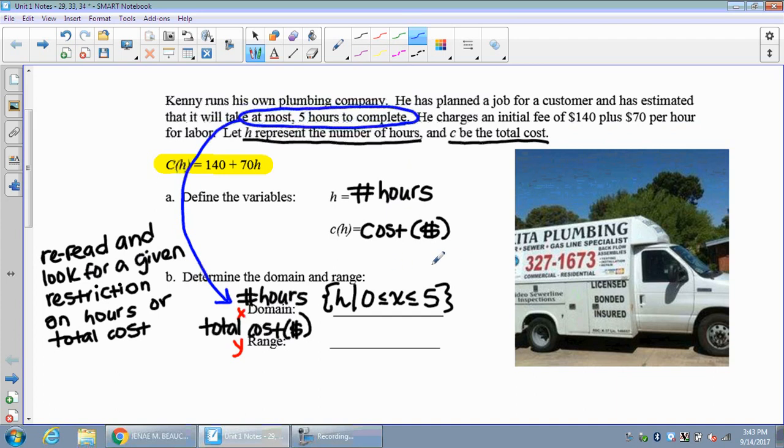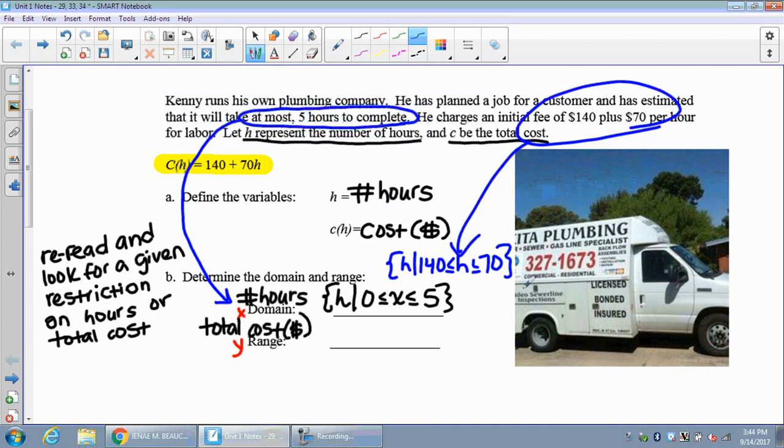We've had some class discussions for a couple people who tried this on their own at first, and don't write what I'm about to write in blue. A couple people did this at first, and I could totally understand why. And then we had a conversation about how if you write this, you're saying for hours is 140 to 70 hours, which doesn't really make sense, and that's not what the problem told us. And then we had a conversation about how a lot of people, maybe when they were reading, they saw this and they're like, oh, that's my domain.